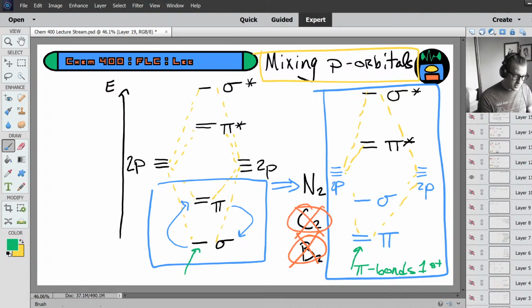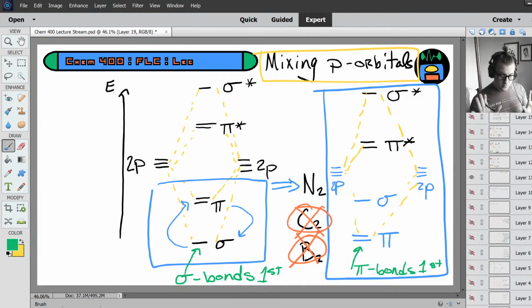For everything else, you make your sigma bonds first. So for any molecule that is not nitrogen, if you're making pi bonds, you already have a sigma there. For nitrogen, you make the pi bond before you make sigmas. But even in nitrogen, it still has a sigma bond. So even there, you'll have a sigma together with your pi. But technically, the pi will form first.